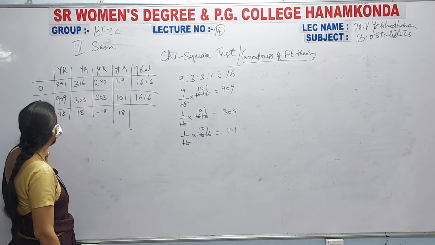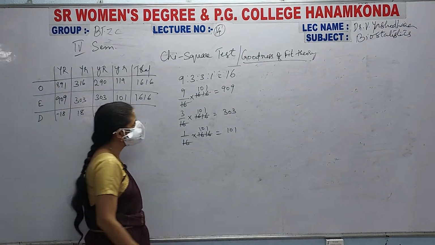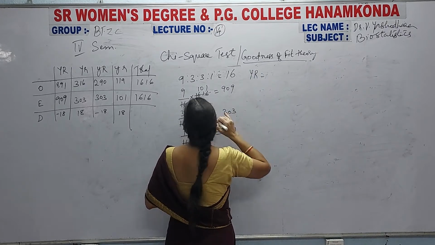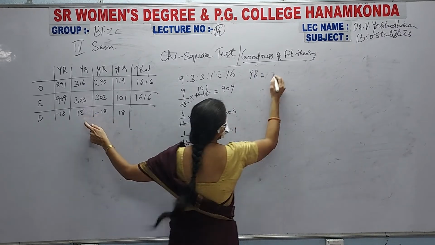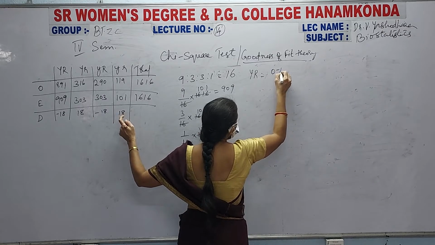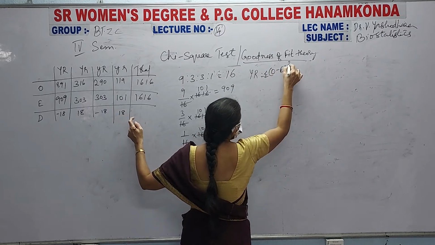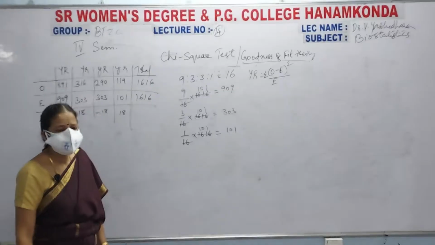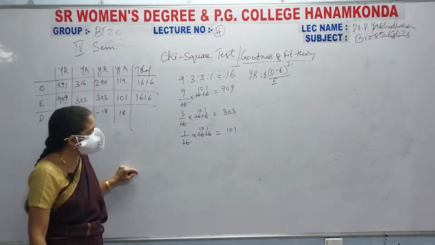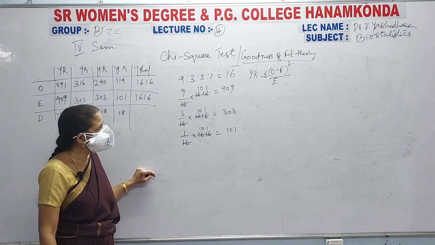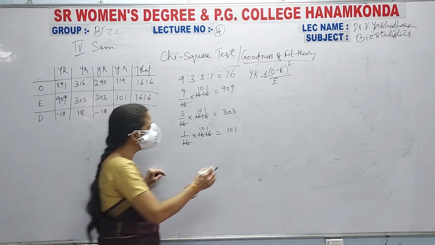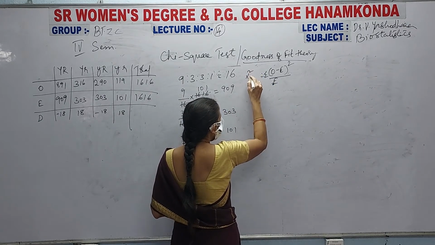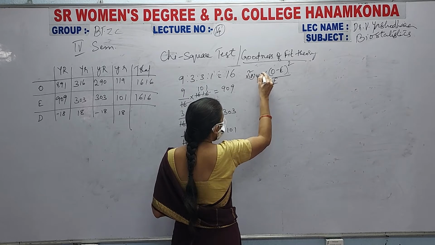Now calculating the chi-square values. The formula is the sum of O minus E whole square by E, that is, the sum of observed minus expected values whole square by expected values, which is the formula for chi-square, that is x square or chi-square.